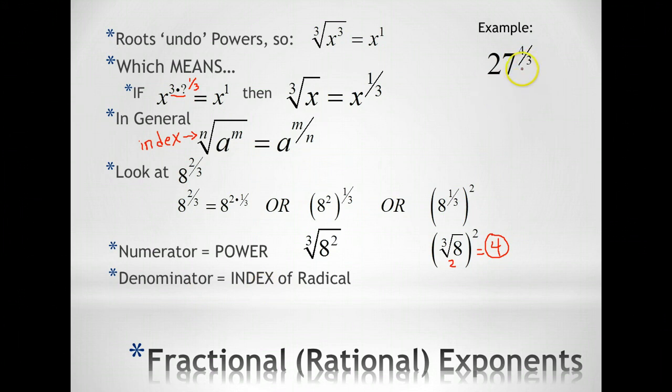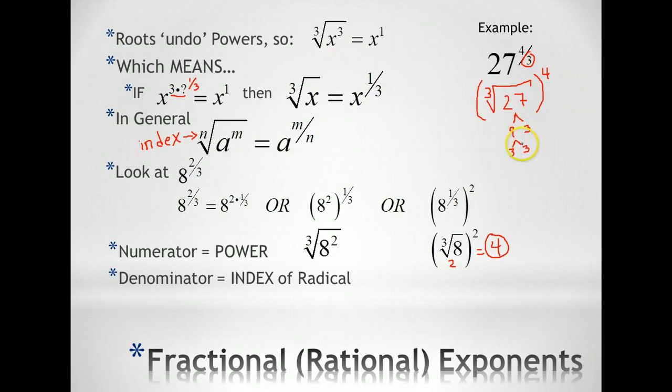Let's do a little bit harder example, 27 raised to the 4/3. So in general, we do the denominator part first. We do the radical first because it makes the number smaller, which is then easier to raise to a power. So I'm going to take the cube root of 27 raised to the 4th power. If I break down 27, 27 is 9 and 3, 3 and 3.